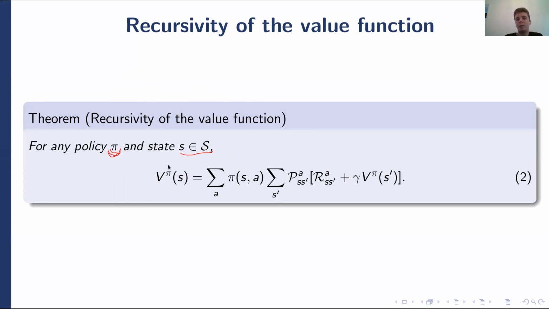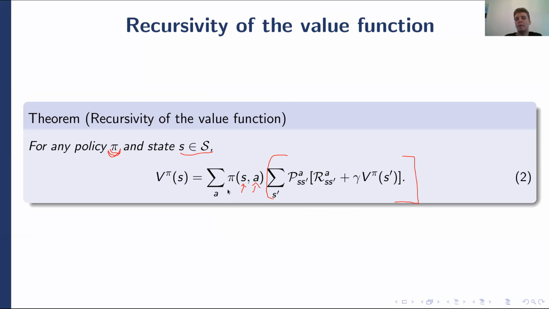The value of a state S under the policy pi is equal to the sum for all actions of the probability of, in a specific state, taking that action times this quantity here. So first of all, notice that this is a conditional expectation over actions.